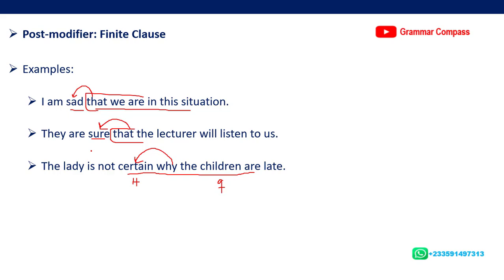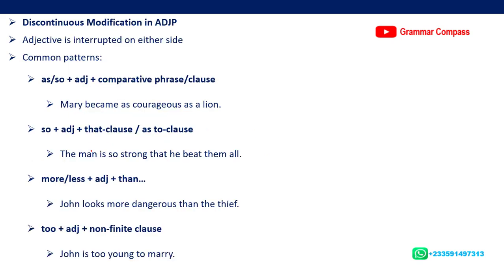One phenomenon which is very interesting in the adjective phrase is that sometimes an adjective within an adjective phrase may be interrupted by other elements such as adverbs, comparatives, or clauses. This is called discontinuous modification in the adjective phrase, because the adjective is not standing alone.